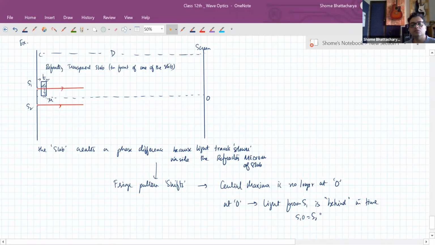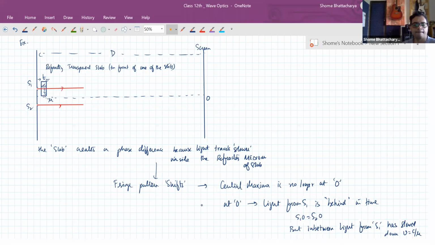S1O is equal to S2O, but in between, light from S1 has slowed down to v equal to c by mu inside the slab. So it's reaching behind in phase. So the phase difference at O is no longer zero.